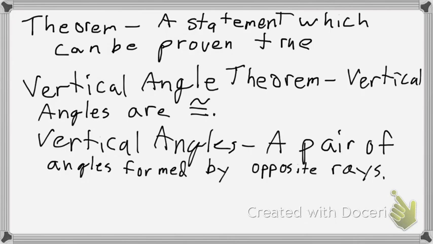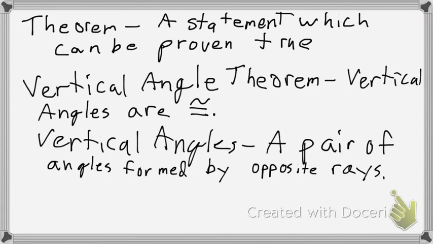So it's not something that we take as true, it's not something we assume to be true. It's something which can be proven true. You should have gone over postulates already. Postulates are things which we assume to be true. They're statements which just seem so fundamentally true that we take them as true. A theorem we can prove to be true.